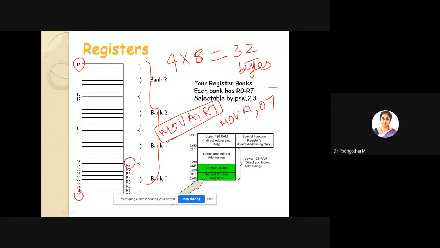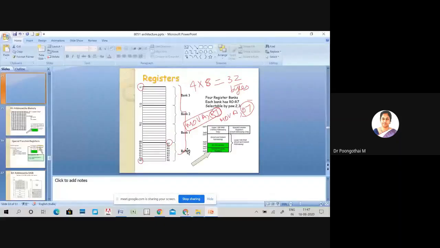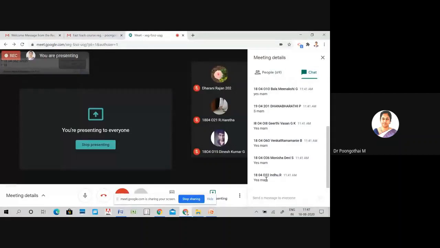This addressing is called direct addressing. So these registers can be accessed by their names or their internal address, and each register is associated with one 8-bit address. Is it clear, students?